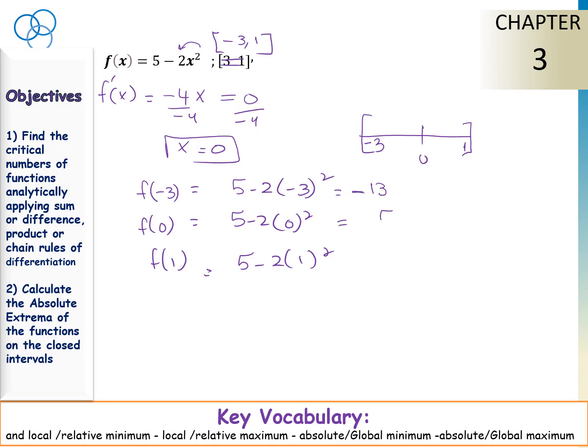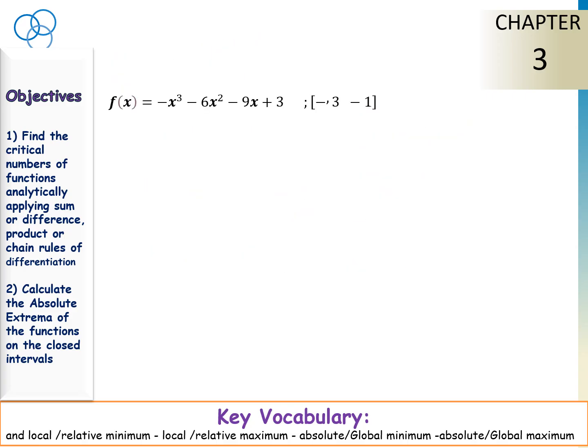Over here you will get 5 minus 2 times 0 is 0, and 5 minus 0 gives us 5, and with 1, 5 minus 2 gives us 3. So now compare. Negative 13 is the least value, so it is the absolute minimum, and the largest value in this closed interval is 5. So at f of 0 equals 5, you will have your absolute maximum.